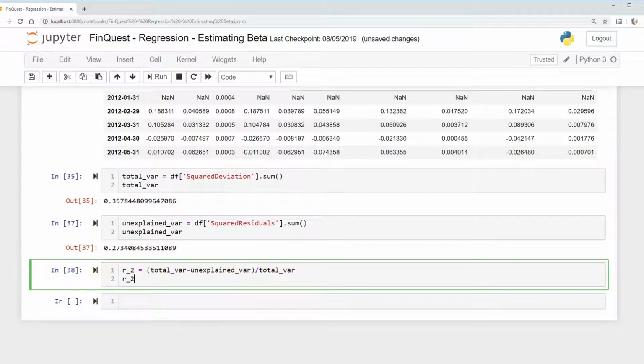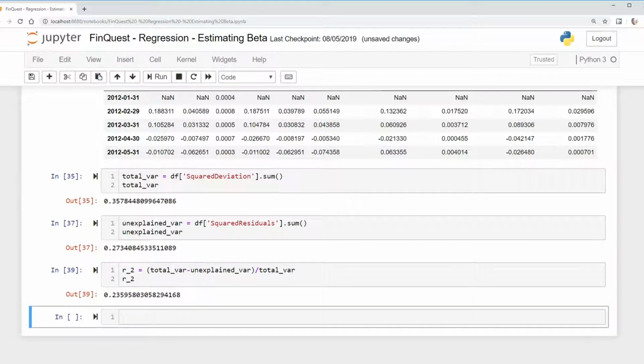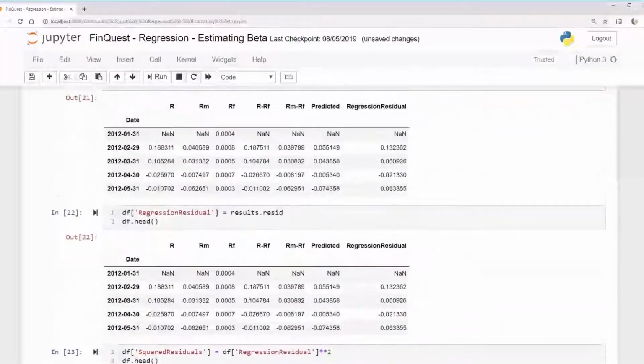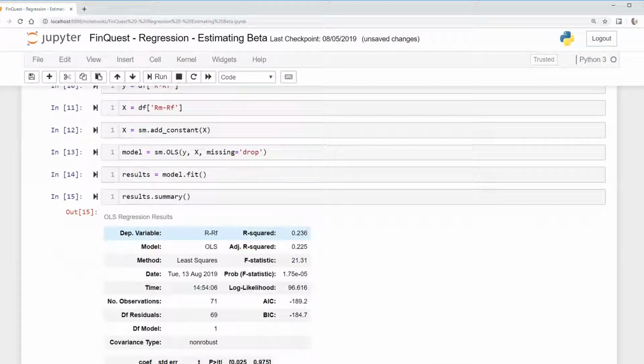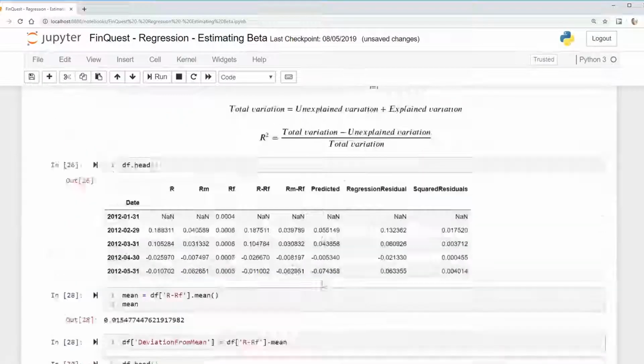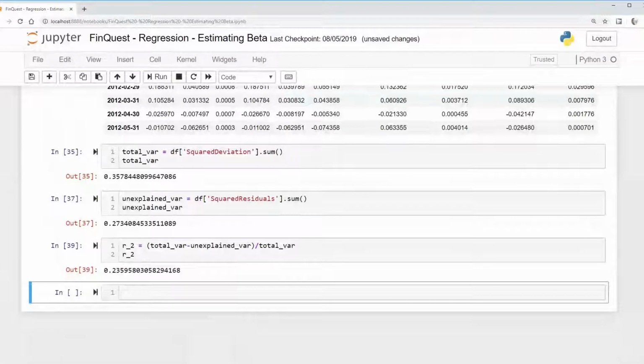Let's see what that looks like. There we go. Let's verify if this is correct from our regression summary up here: 0.236 R squared, 0.2359, 0.36. There it is. There's our R squared. So we've calculated the coefficient of determination.